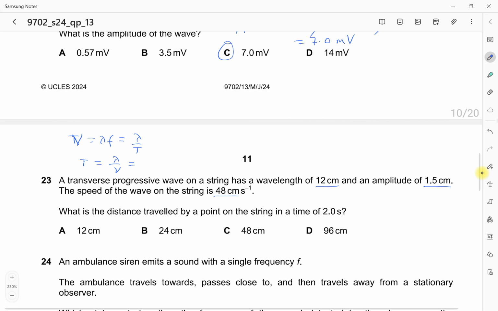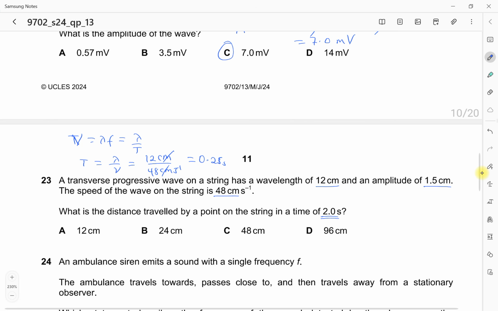So this is going to be the wavelength, which is 12 centimeters, divided by v, which is 48 centimeters per second. So centimeters cancel, and 12 divided by 48 is a quarter, which is 0.25 seconds. So that is the period.